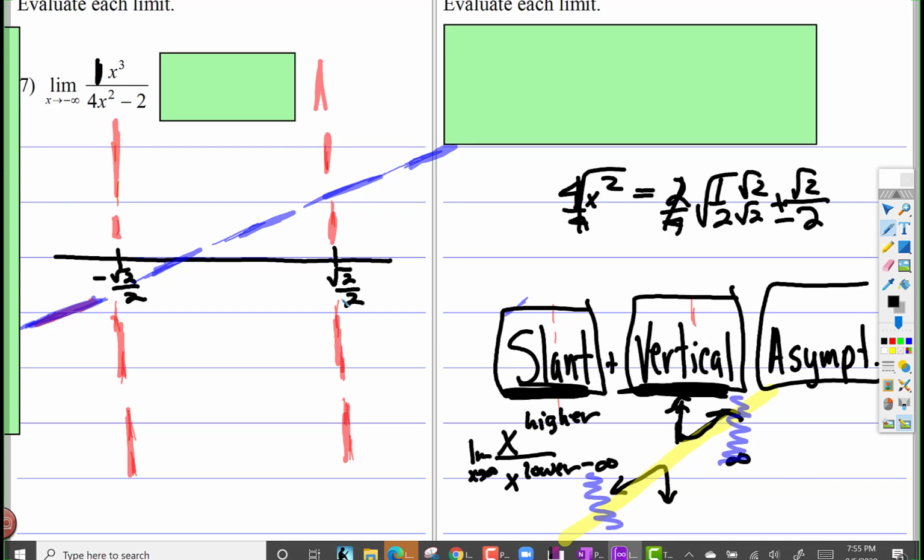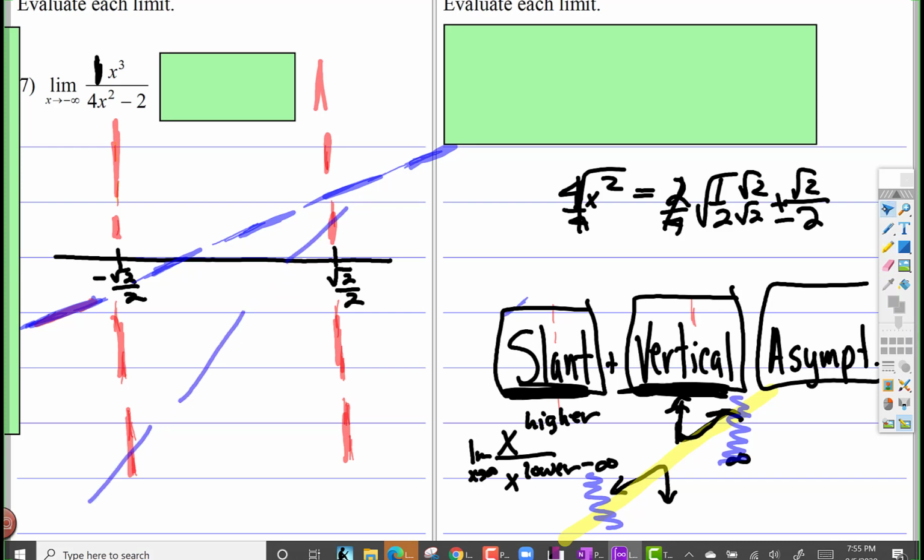All right? And then I'm just going to kind of eyeball where I think that slope might be. But to be fair, it doesn't matter really what the slant asymptote would have looked like this? Maybe it would have looked like this.